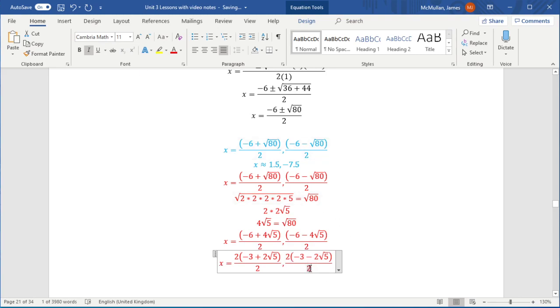Now this is useful because the 2 on the top and the 2 on the bottom can be cancelled because everything is inside a bracket.